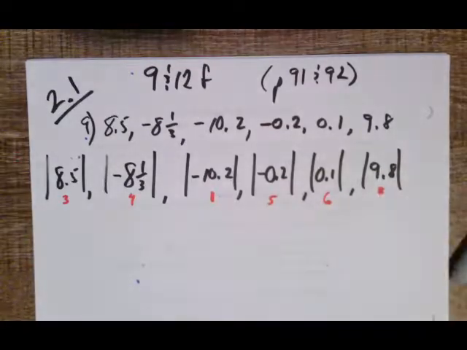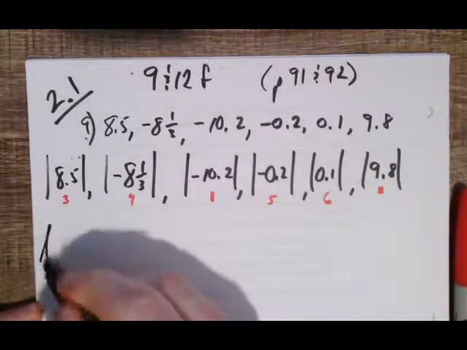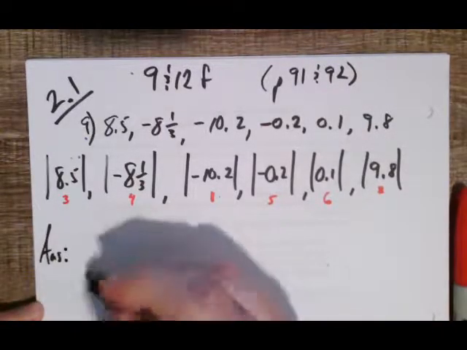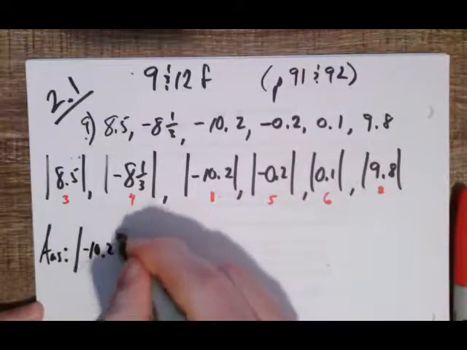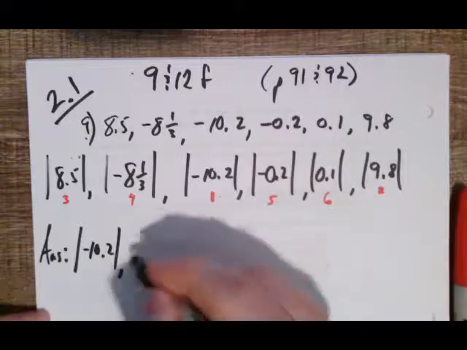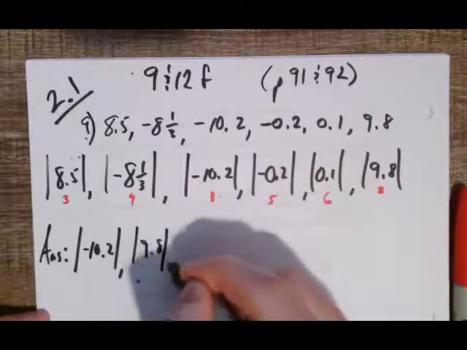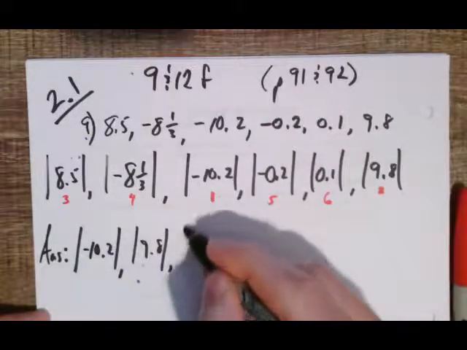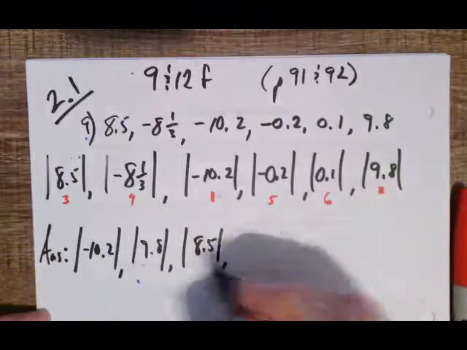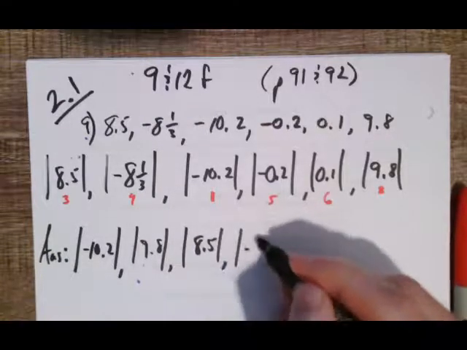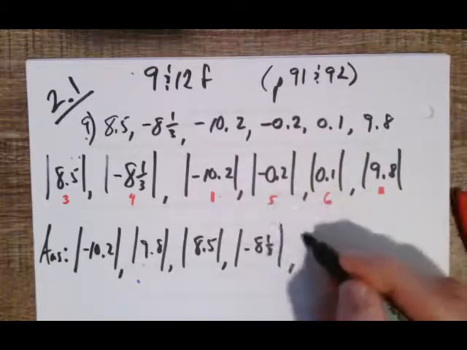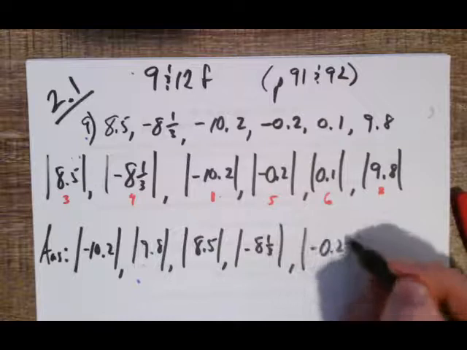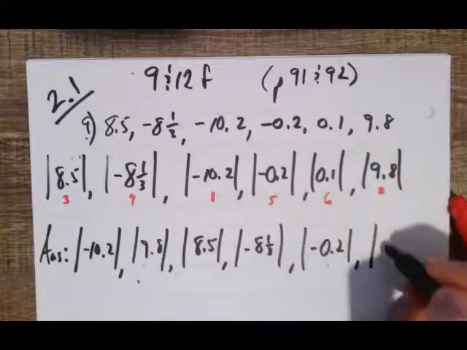So now I'm just going to rewrite them in the order that I've just identified them. So my answer is negative 10.2, 9.8, 8.5, negative 8 1/3, negative 0.2, and 0.1.